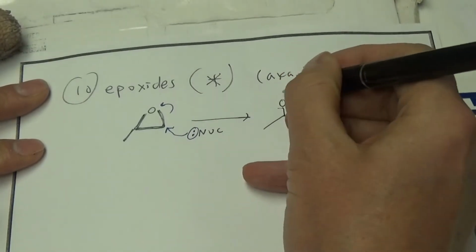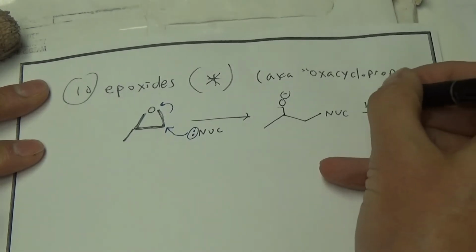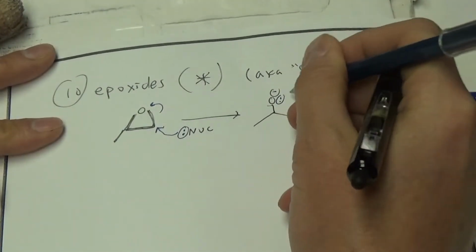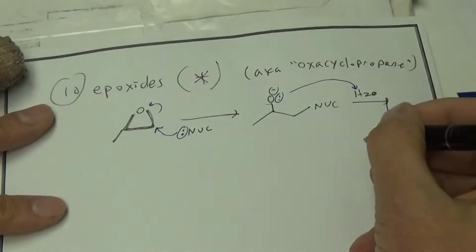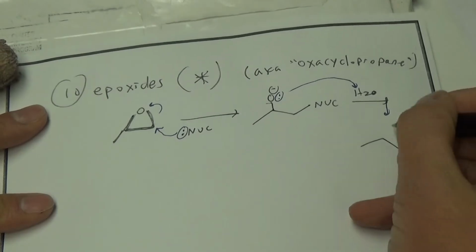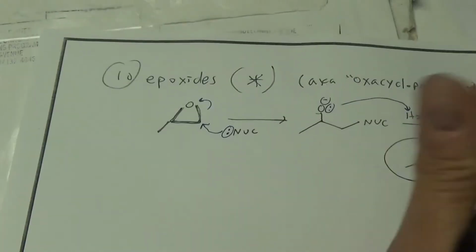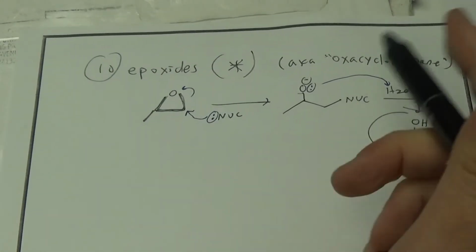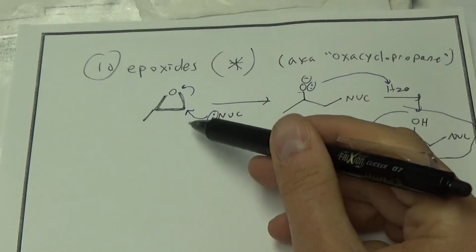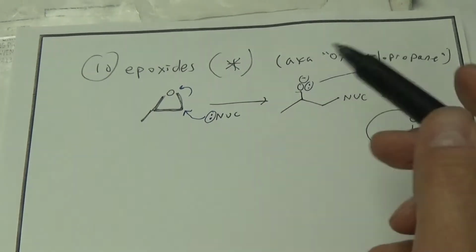We always have a second step of water or something, and then you get the opened product. Why do you think an epoxide might be reactive, just opening up like this? The reason is it's tiny, it's ring-strained, right? Just like a cyclopropane is kind of ring-strained.